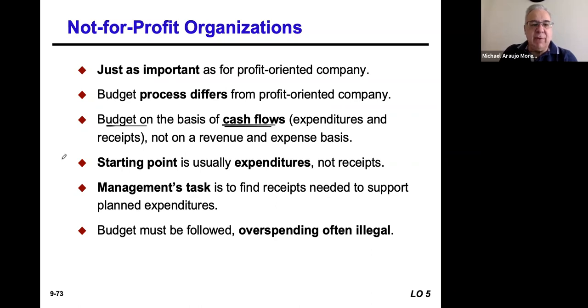Expenditures versus the receipts coming in, not on a revenue and expense basis. So instead of revenue, they use receipts. Instead of expenses, they use expenditures. These are the terms that are used in nonprofit.